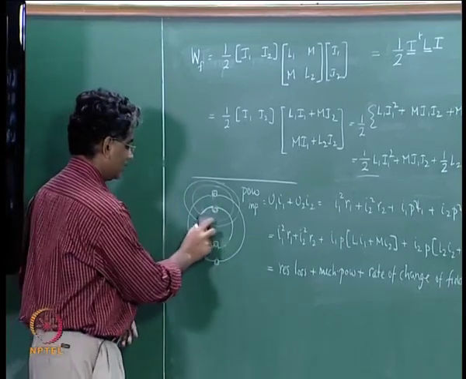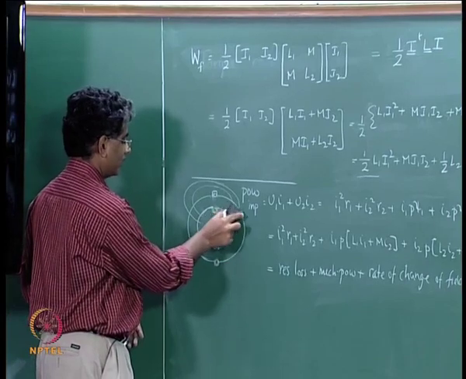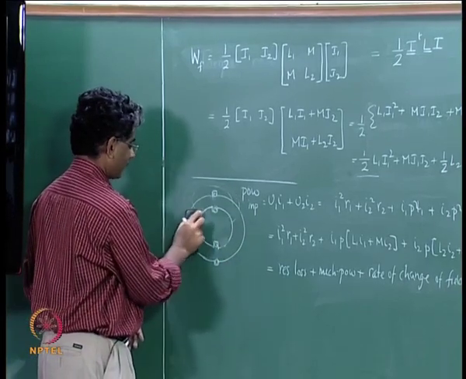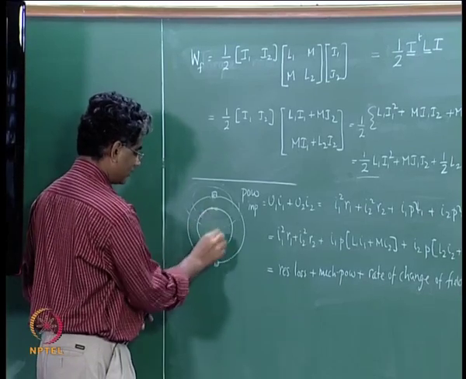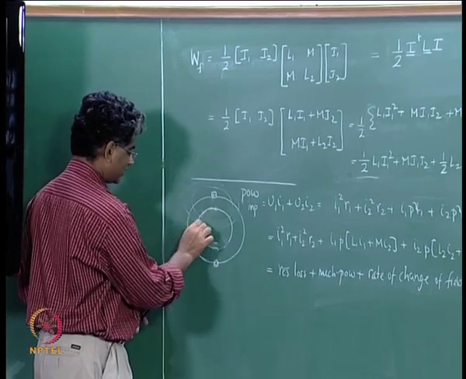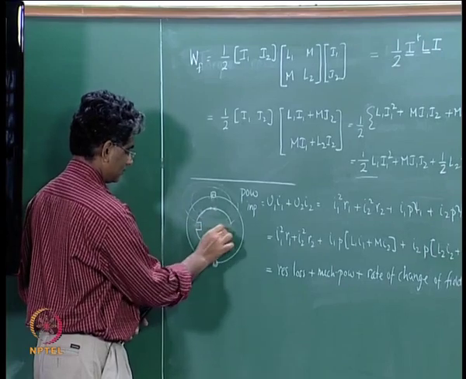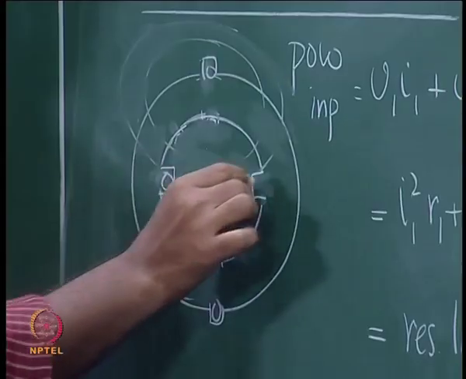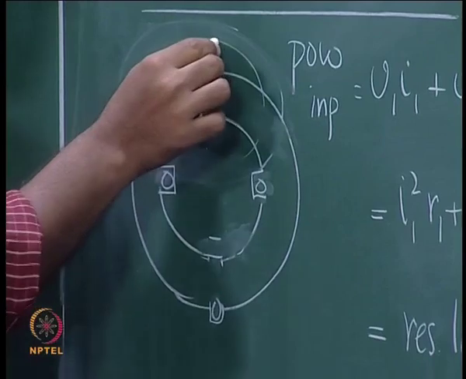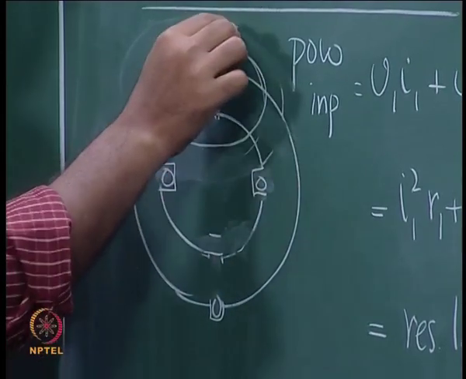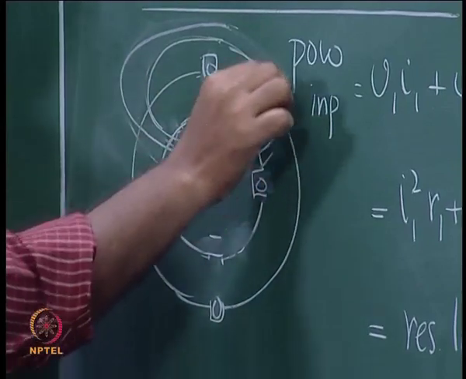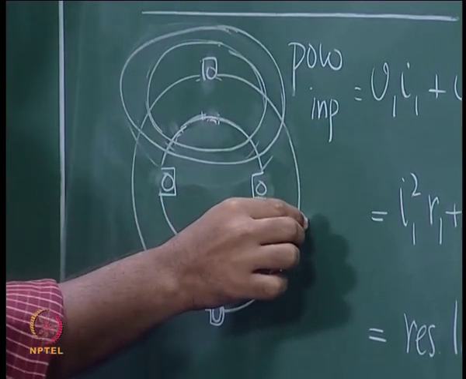On the other hand, if the rotor were oriented such that this coil, instead of being there, is placed here, the flux lines generated by exciting the first coil on the stator would be travelling like this, in a loop like this.